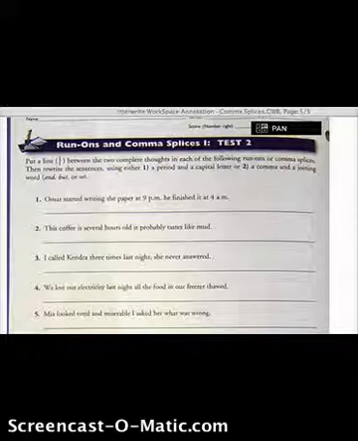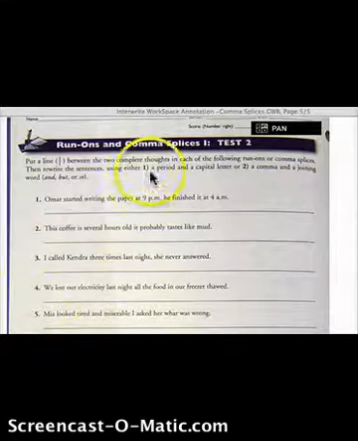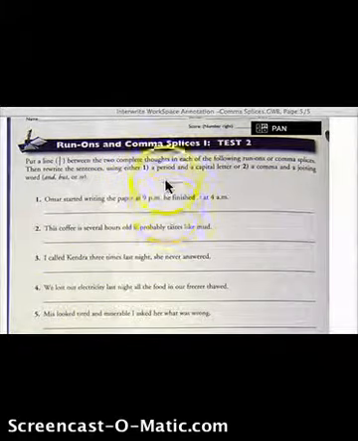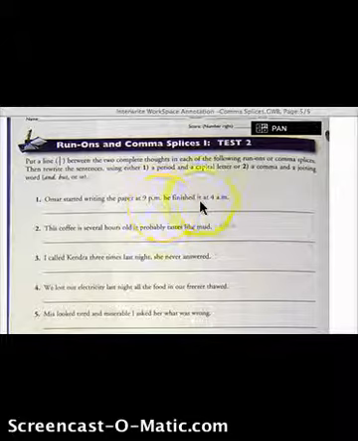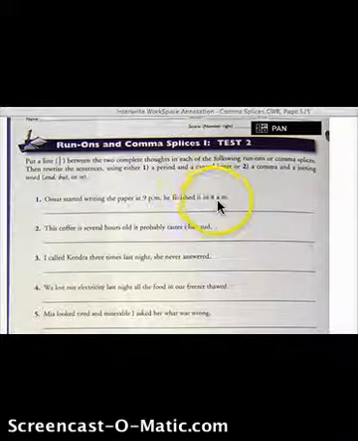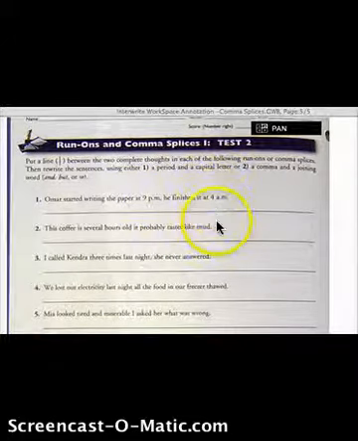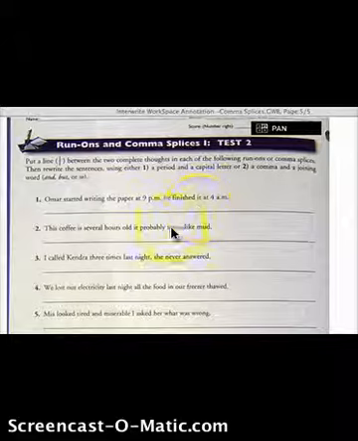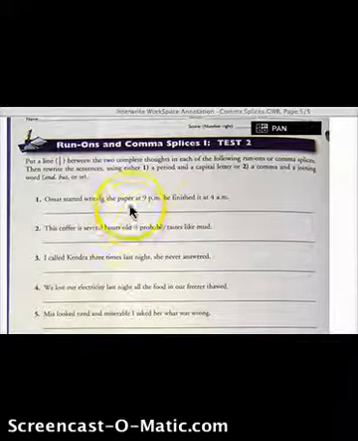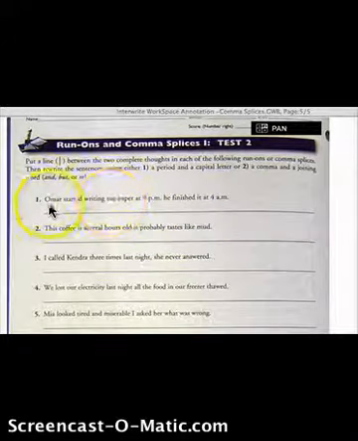Let's take a look at number 1. Omar started writing the paper at 9 p.m. He finished it at 4 a.m. Draw your vertical line. These two sentences lend themselves to end punctuation and capitalization.